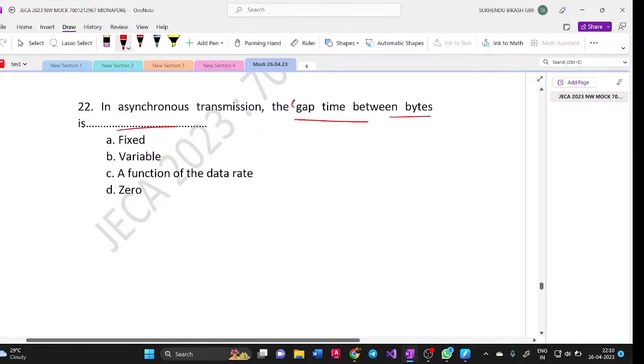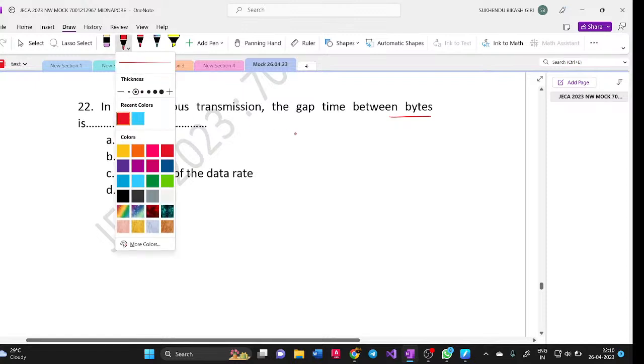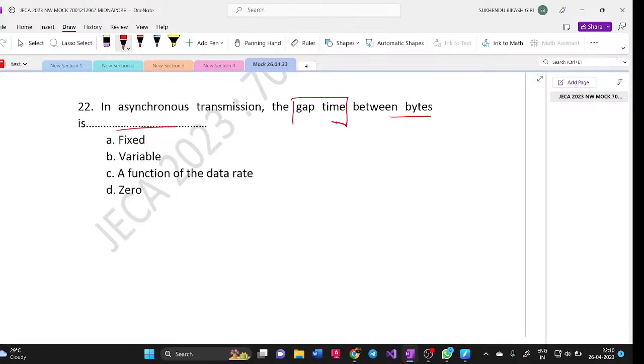What is meant by the gap time? Gap time is the time between two bits.